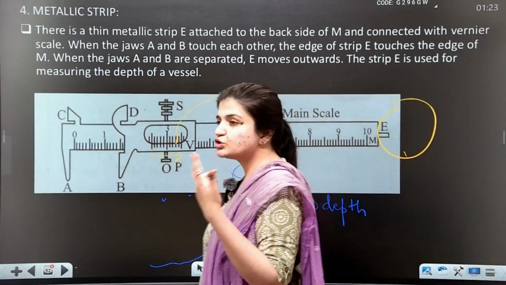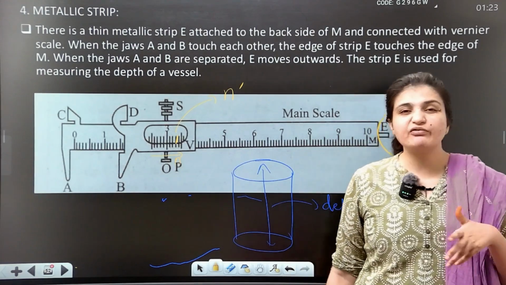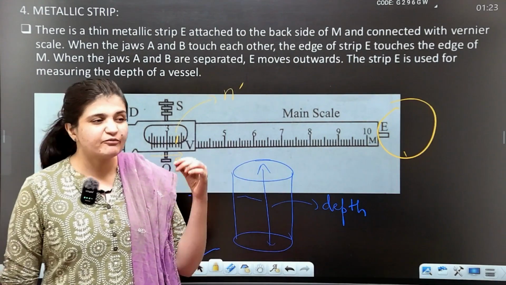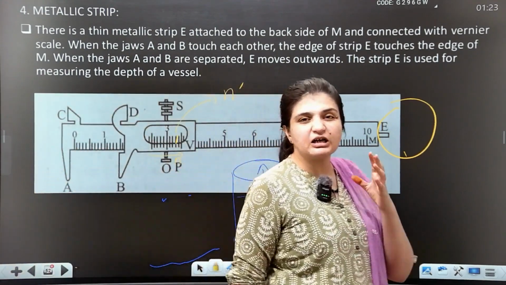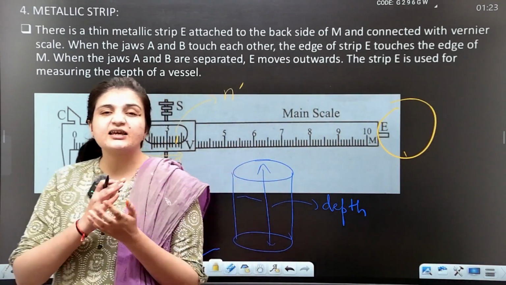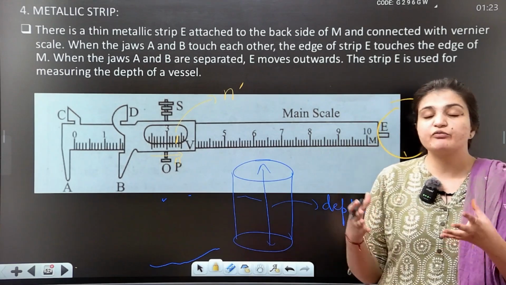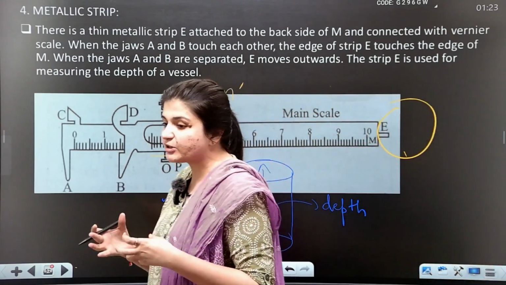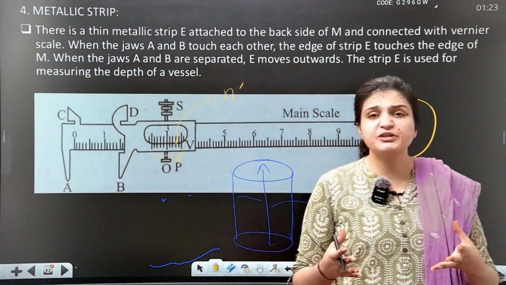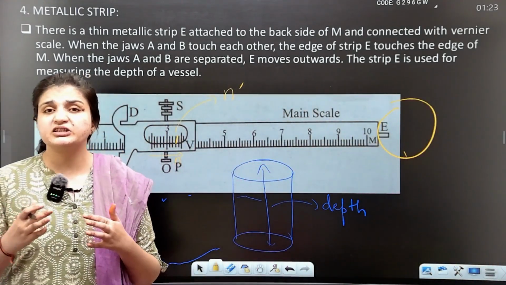Like if we have a length of 12 centimeter and another length of 12.1, we can see a difference. One is 12.10, one is 12.12. So we can see a difference when we have very precise experiments, at a very microscopic level. We have to go till 2 or 3 digits.